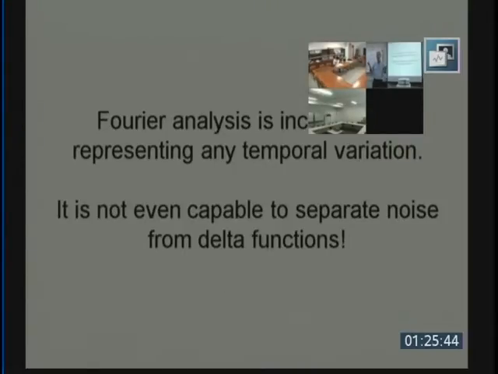How can you tell? You cannot. The difference is in the phase. For white noise, the phase is uniformly distributed. For the delta function, the phase is locked; all the phases have to be at one point. So the phase is all important.